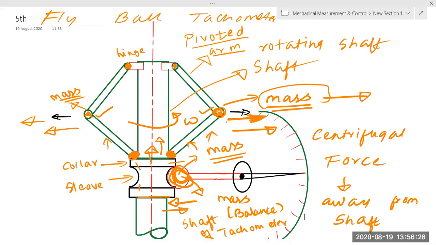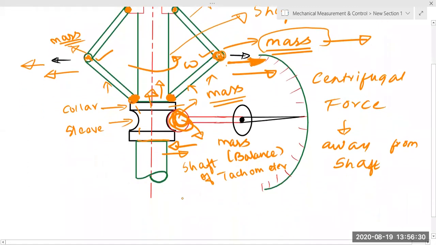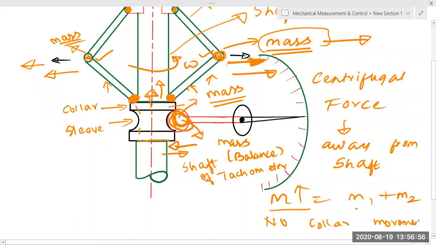Suppose I'm just telling you something, I'll just explain it to you. Suppose the mass at the sleeve is m, and the mass at the collar is m1 plus m2. If m is higher, there will be no collar movement; the collar movement will not be possible.